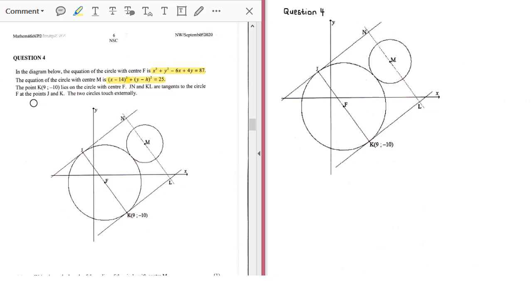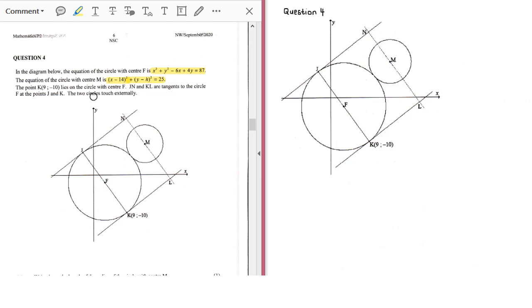We have the point (9; -10) which lies on the circle centered at F. JN and KL are tangents to the circle F at the points J and K respectively.